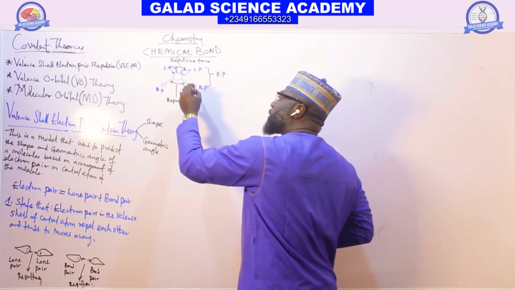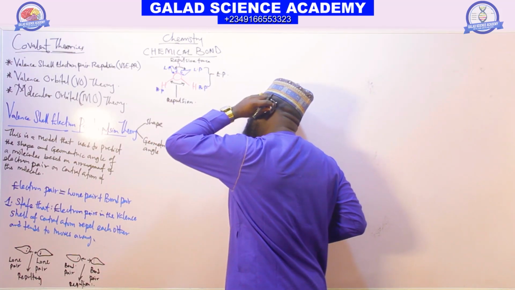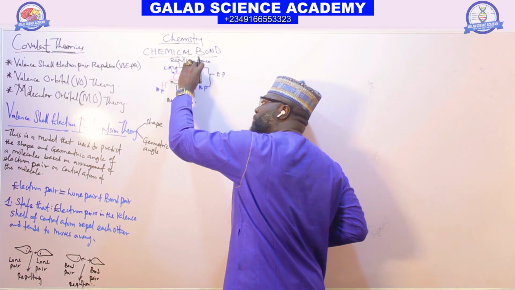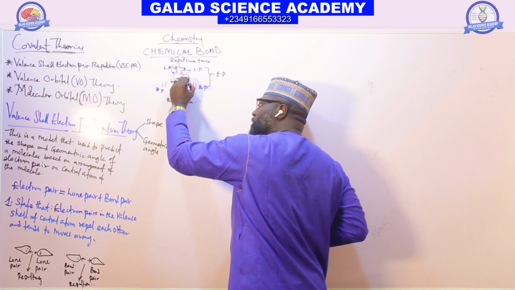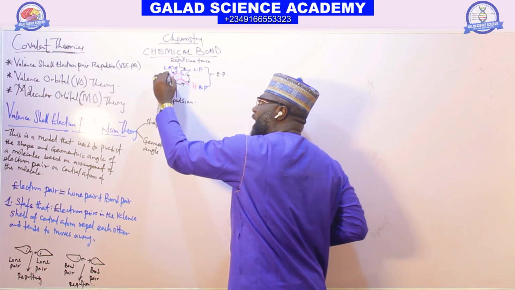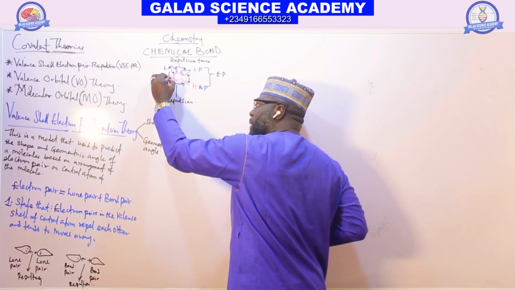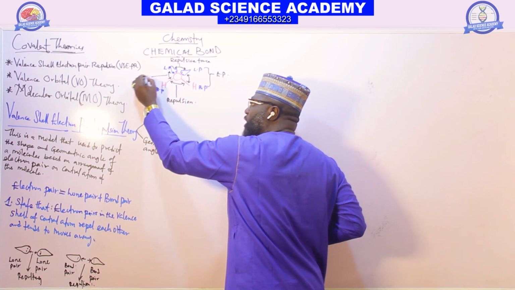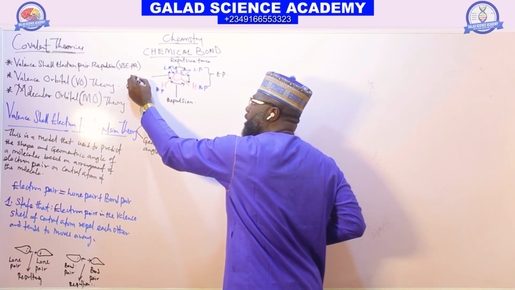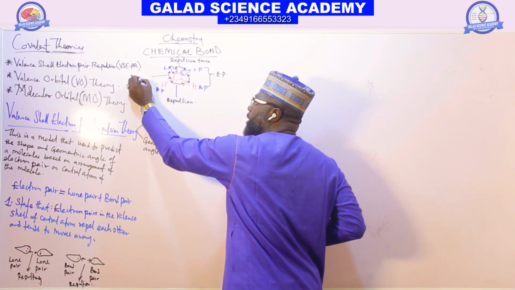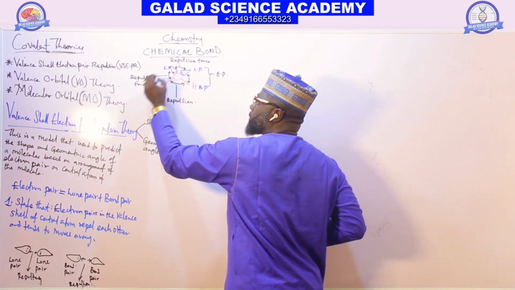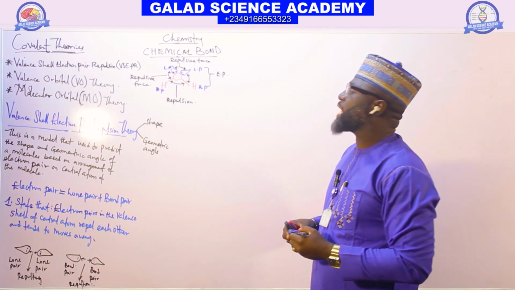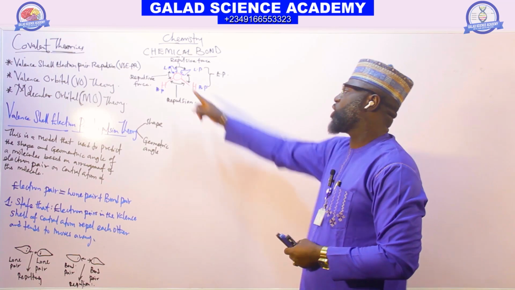And again, you also know there is a distance between the bond pair and the lone pair. So this bond pair and lone pair will also repel each other. The force here is also a repulsive force, or force of repulsion. The central atom here is oxygen.